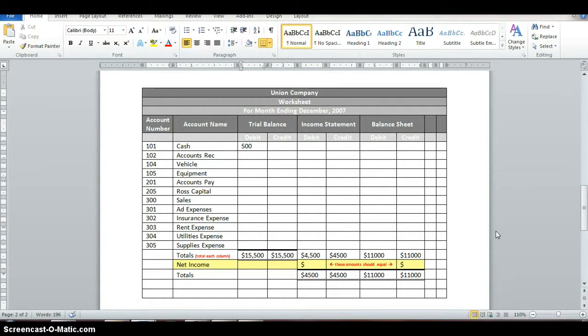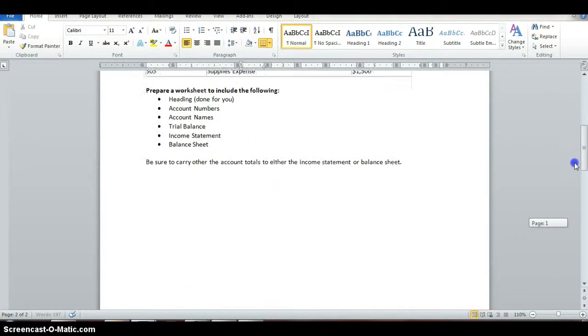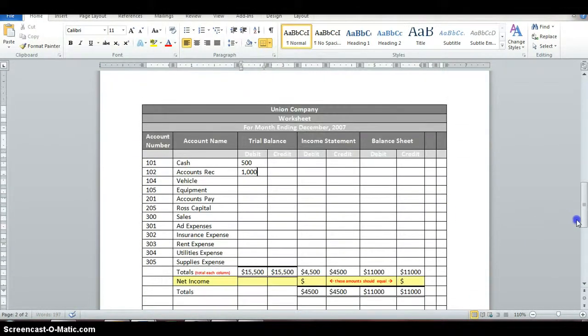I have my general ledger, what they gave me up here. I had this open on another screen so that I'm not scrolling back and forth and giving you guys motion sickness. So I just have this open up on the other screen, and I'm just copying my debit balances over into my debit column.